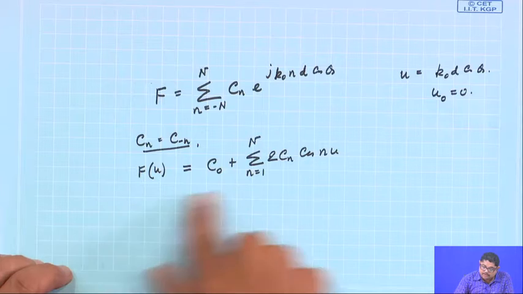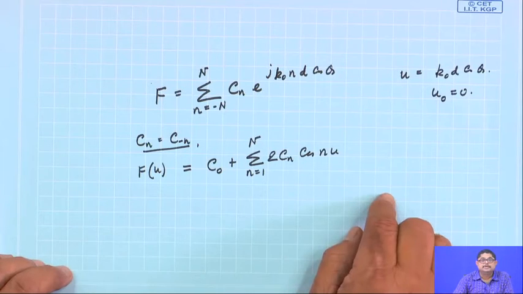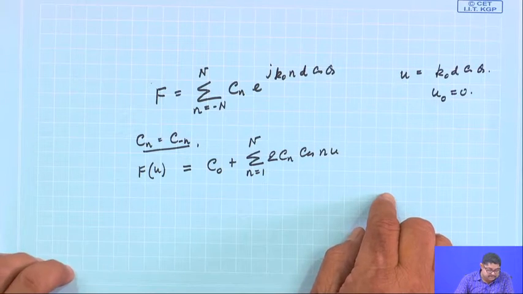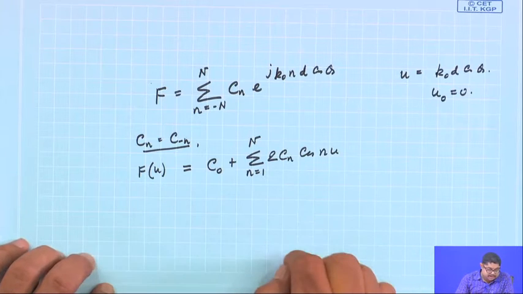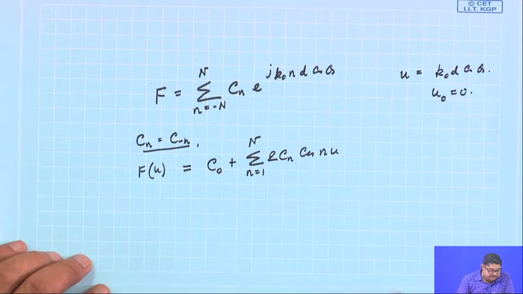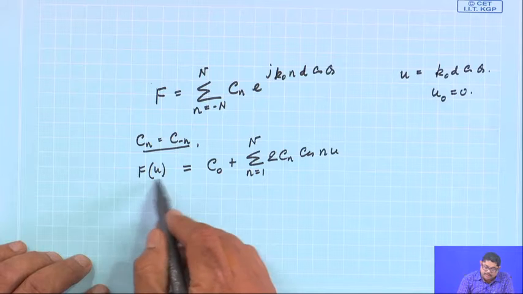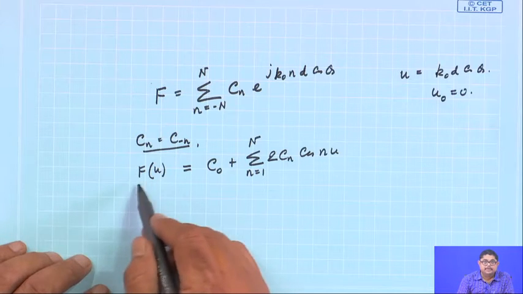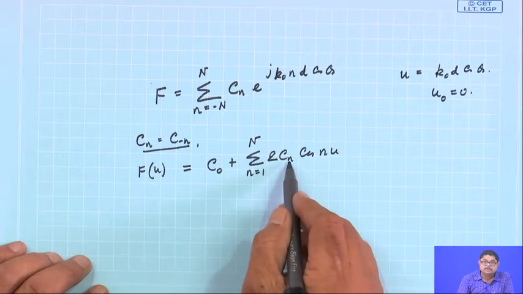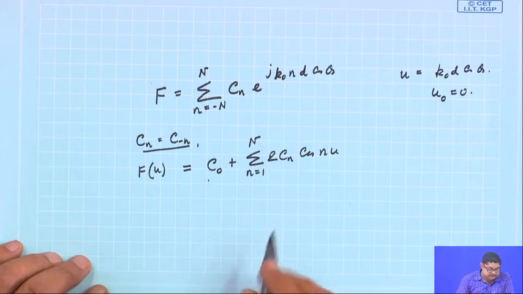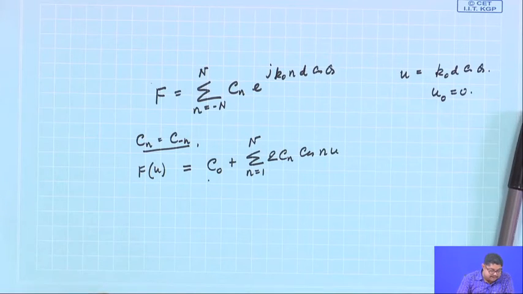Now, this is nothing but a Fourier series, a cosine Fourier series with N plus 1 unknown amplitudes. So, if F(u) is specified, I can find out this C0 and these Cn.